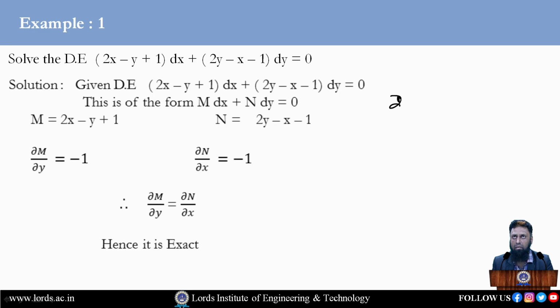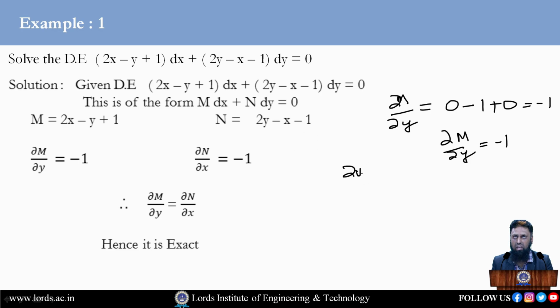∂M/∂y: partial differentiation with respect to y, here the M value gives 0, minus 1, plus 0, so you get minus 1. So ∂M/∂y is equal to minus 1. Now we come to the N value, partial differentiation with respect to x.